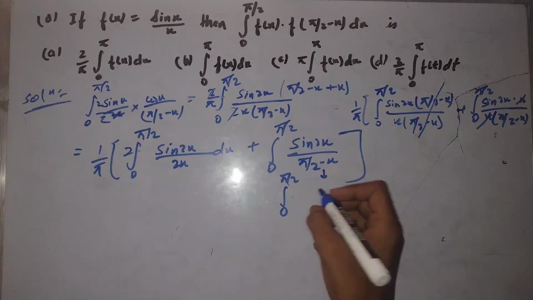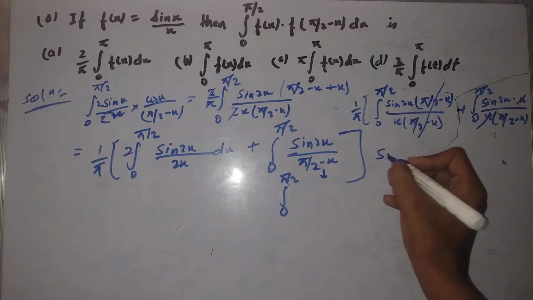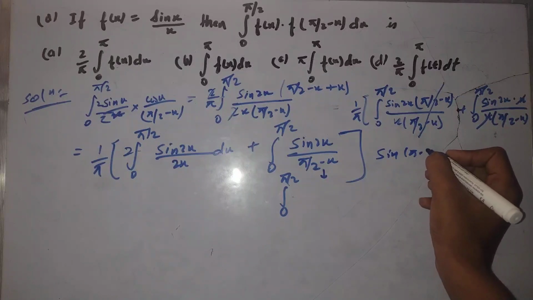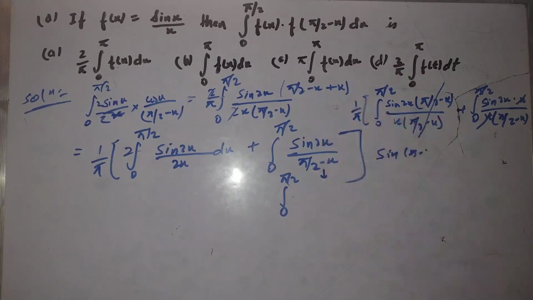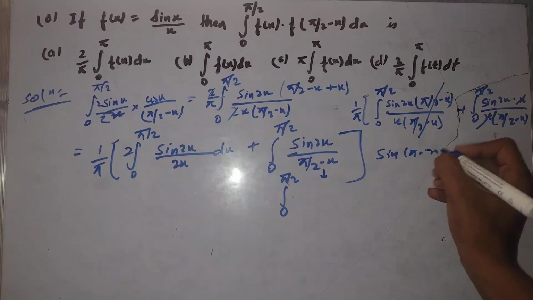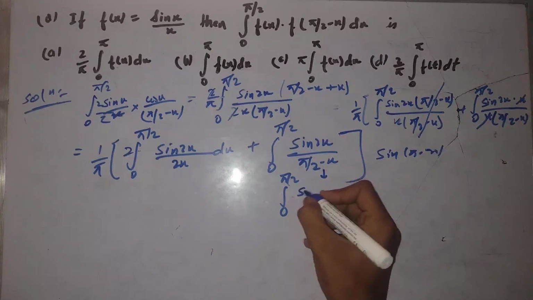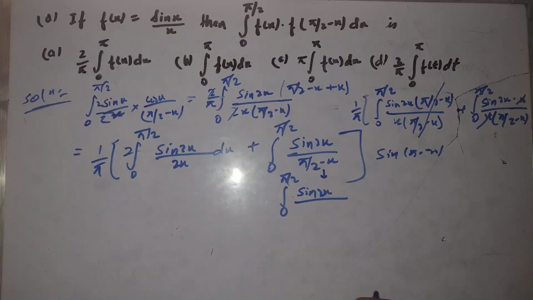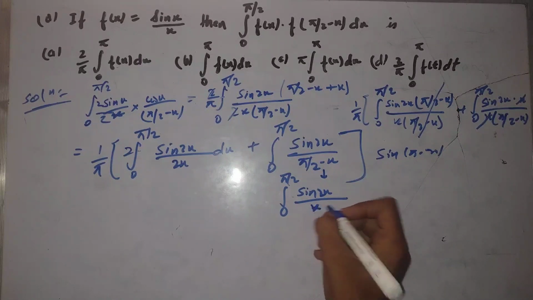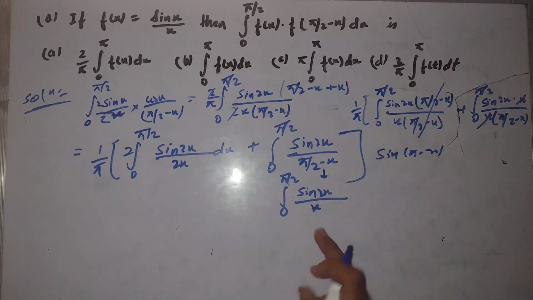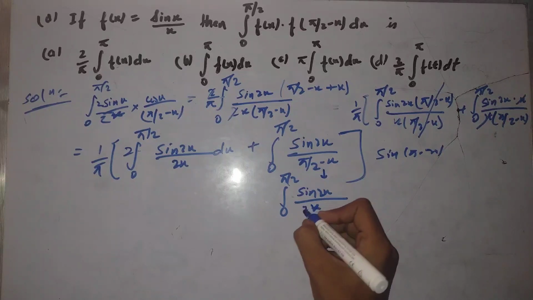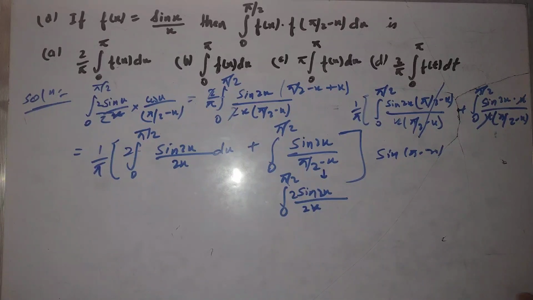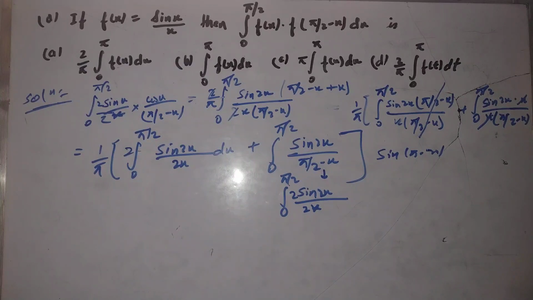So this becomes sin of pi minus 2x, and sin of pi minus 2x is sin 2x. So this ultimately becomes sin 2x, and in the denominator we will have pi by 2 minus x becoming x. So this thing is actually equal to this. I'm going to do the same: multiply it by 2 and divide it by 2 also.